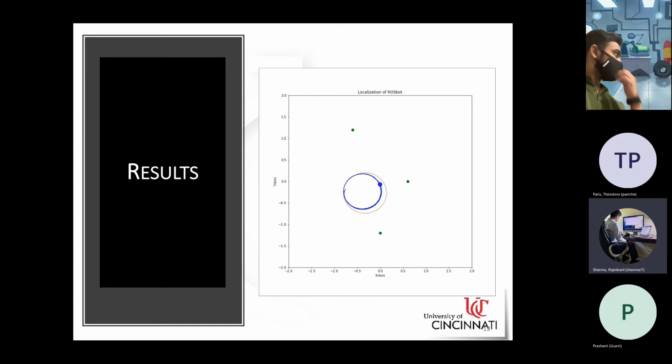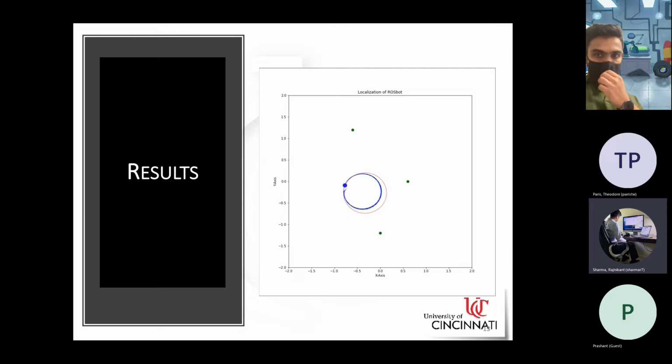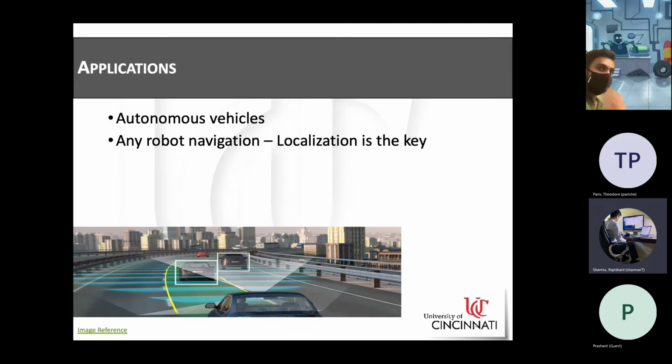Okay. So the main application of this extended Kalman filter is localization, and it is the key for all the autonomous vehicles that we have right now.